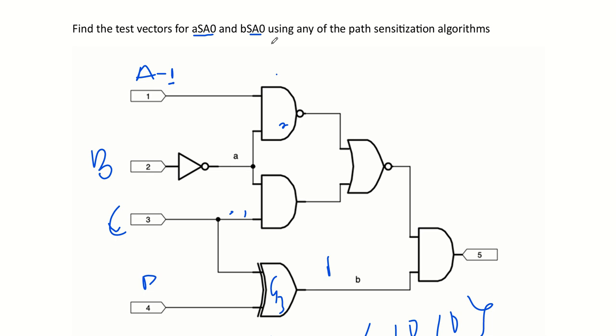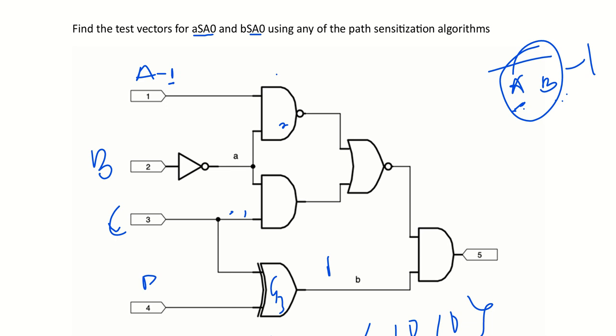In a NAND gate, when any of the inputs goes to 1, then the other one has to be determined before we can determine the output. But when any of them goes to 0, the output will always be 1, which means we can't determine which one was 0 or which one was 1. So we have to make sure that it's a NAND gate and A is 1.